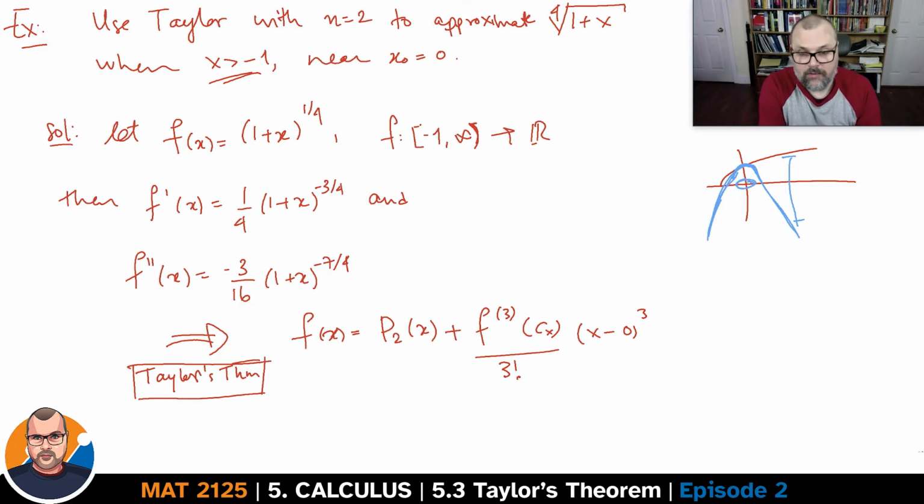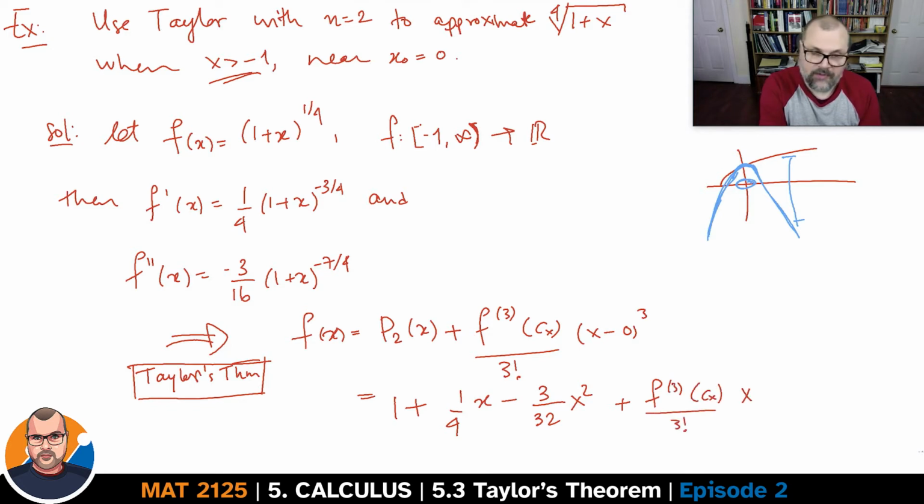And if you want to work it out, since we do have the original function and the first and second derivatives, you will find that this is 1 plus 1/4 x minus 3/32 x squared plus the third derivative at c of x over 3 factorial, x cubed.